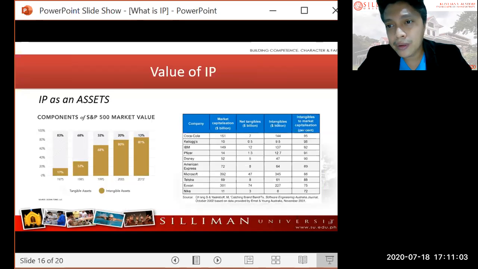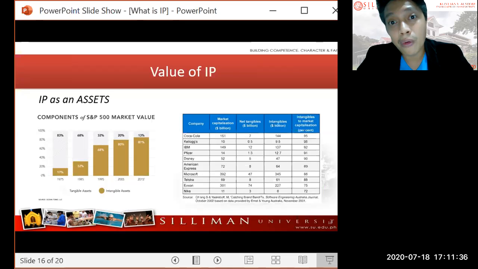A good example also, if you look at the other table, we can see that Coca-Cola's capitalization is 151 billion, and their net tangible is 7. But as you can see, the intangibles are 144, more than half of the assets.